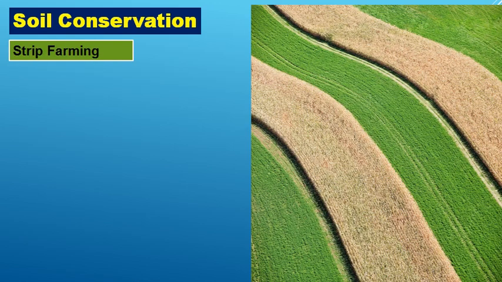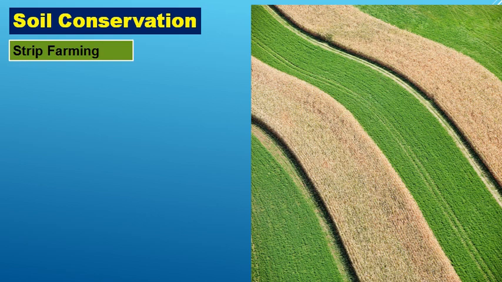After terrace farming, it is strip farming. So in this, the entire agricultural land, the crops are cultivated in strips. So the land that is there in between, they will be using it for cultivation of grass, or sometimes some other crops are cultivated. In this way, there is no empty land, no soil, which can be subjected to erosion.